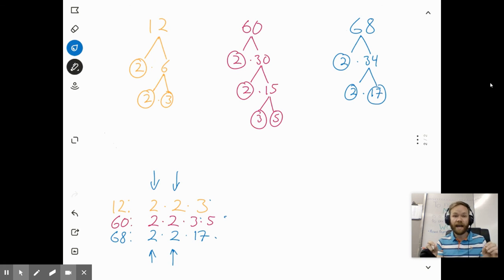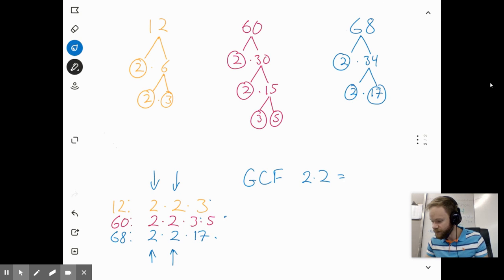So the shared prime factors for 12, 60, and 68 is just 2 and then another 2. And so to find the greatest common factor, you are going to multiply the shared prime factors, 2 times 2, and that equals 4.